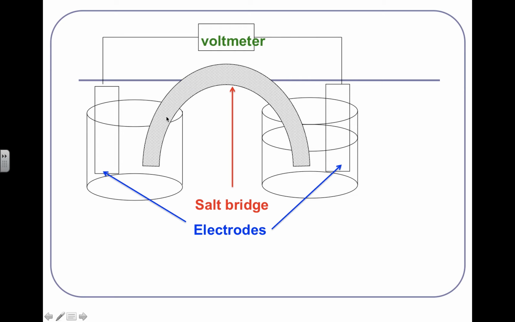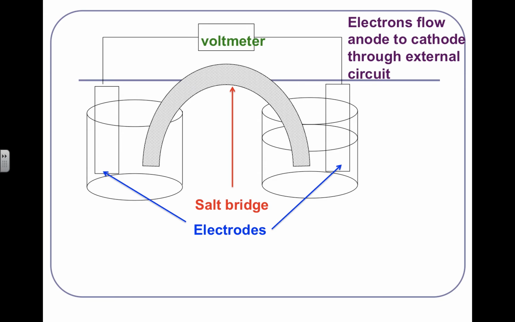And so we're actually going to have some flow of ions. So a salt bridge is usually either a glass tube that's shaped like a U and filled with agar, like what's in a petri dish, saturated with potassium nitrate or sodium nitrate, or it could be a piece of filter paper that's saturated with the sodium nitrate or potassium nitrate.